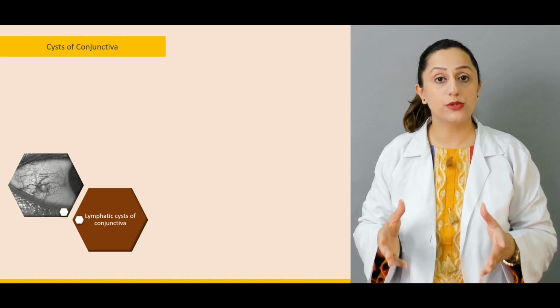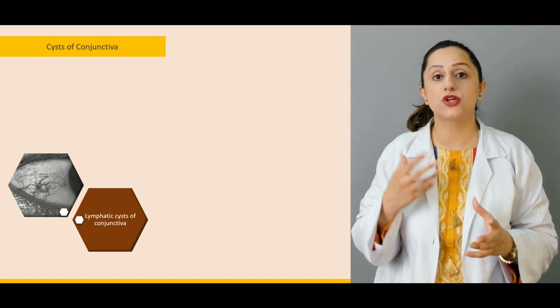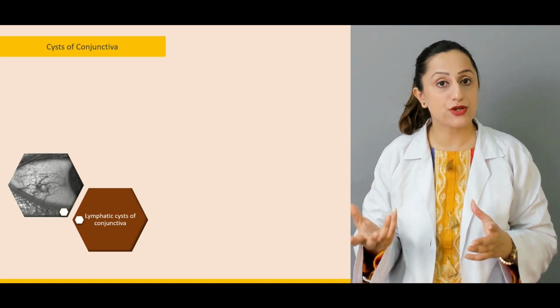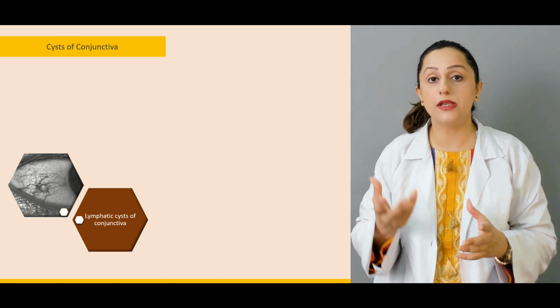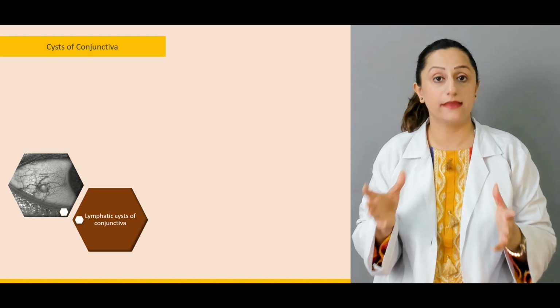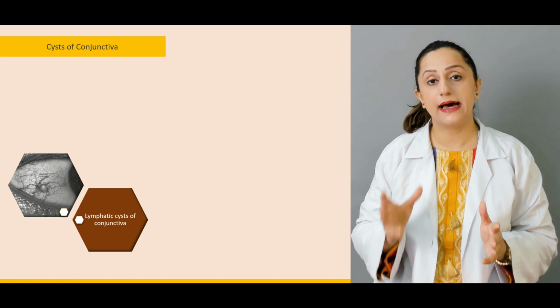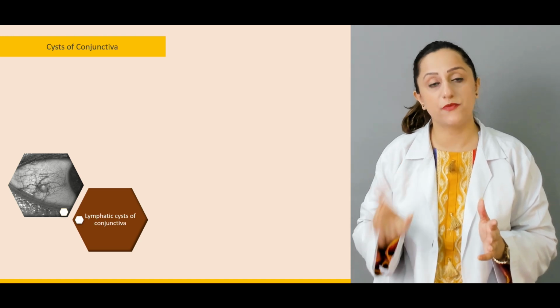And we all know that when we studied the histology of conjunctiva, if we can recall the histological features, we have an epithelial layer, and then we have the layer of substantia propria that is basically containing the lymphatics.